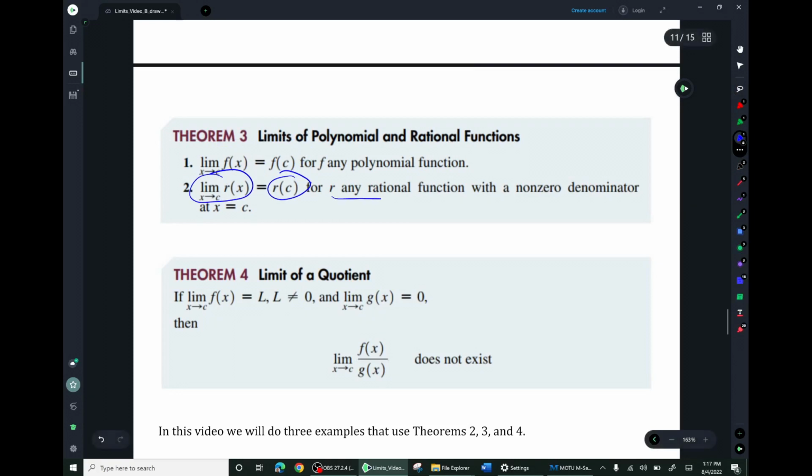And that rational function has already passed the test that its denominator is not 0 where x equals c. So remember that rational functions have a domain, the set of all numbers that do not cause the denominator to be 0. That is, if you use an x value that does not cause the denominator to be 0, then you will get a y value. So this limit of a rational function that passes that test will always exist.